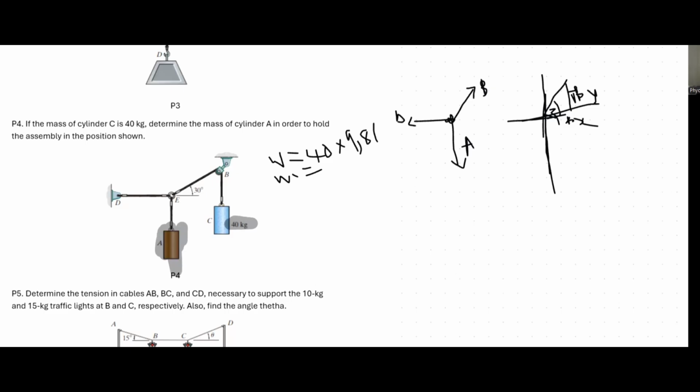It's 392.4. We have the weight of this one here. We got it.